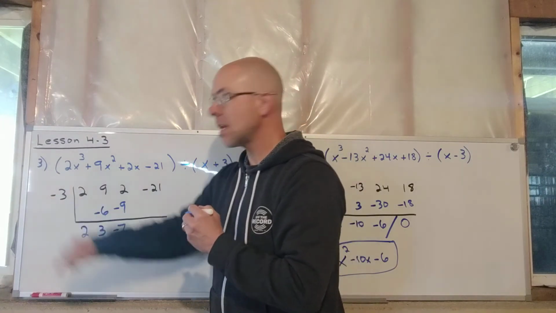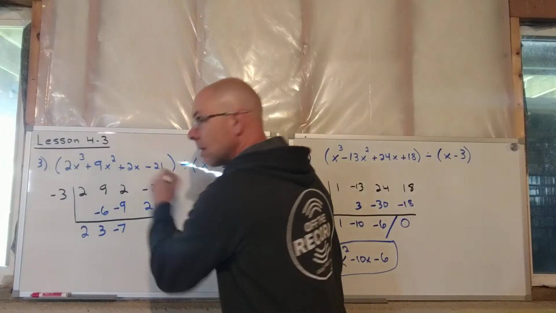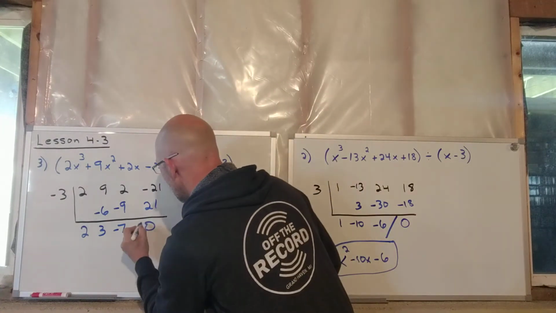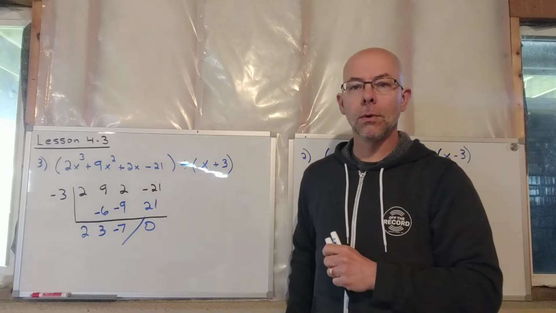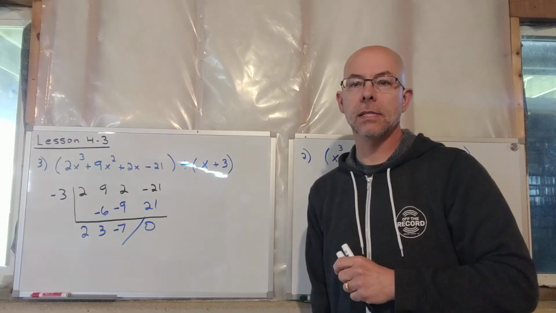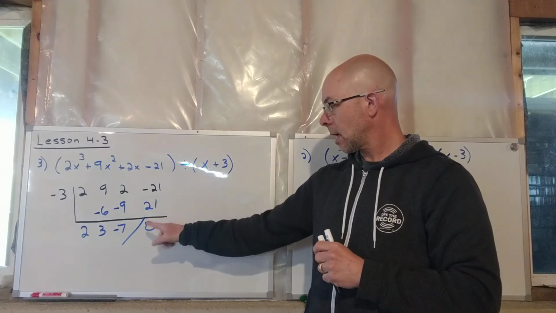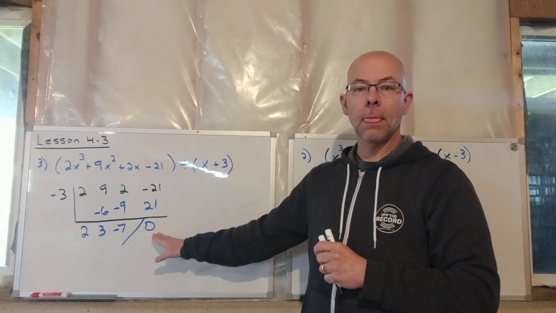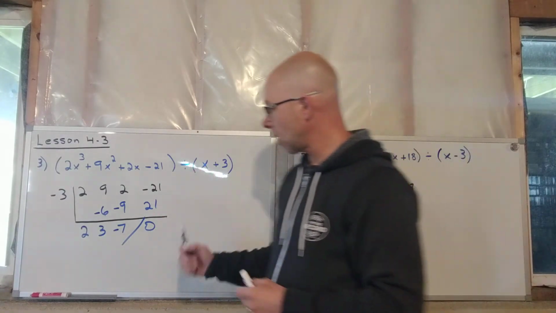Negative 7 times negative 3 is positive 21. Negative 21 plus 21, 0. Once again, every problem you do in the assignment, including the examples, must say 0 here. Okay? So that's the case. And then we write our final answer again.